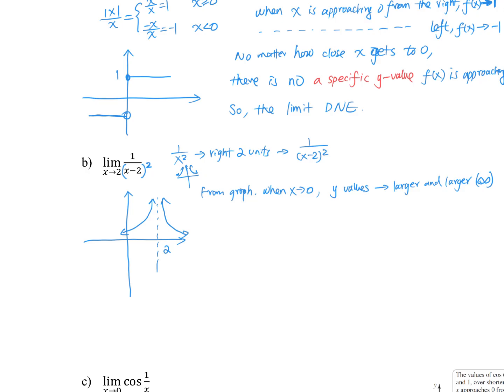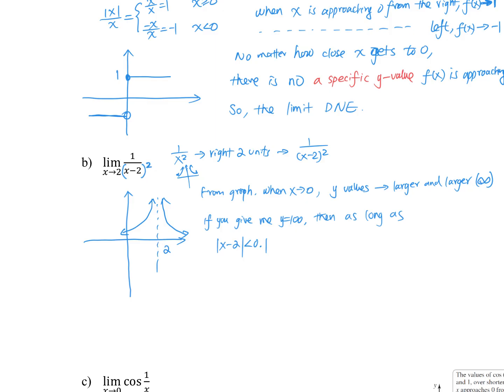For instance, if you give me, say, y is 100, then I can claim that as long as x minus 2 is less than 0.1, that means the x value is within 0.1 of 2.